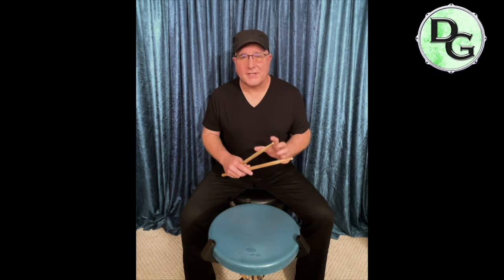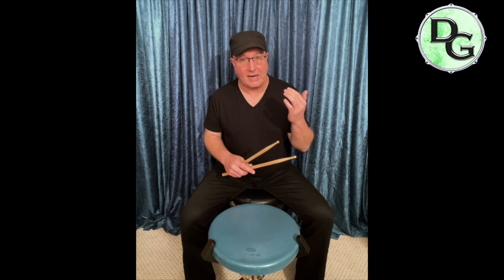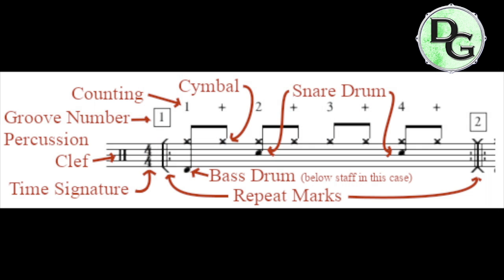Okay, so now we're going to take a look at the notation for a basic rock groove. And when you look at this notation, you'll see that there are notes that are above the staff, above the fifth line. You'll see that there are some notes within the middle of the staff there, and then some way at the bottom. And depending upon where those notes are placed, it's going to mean a certain instrument on the drum set.